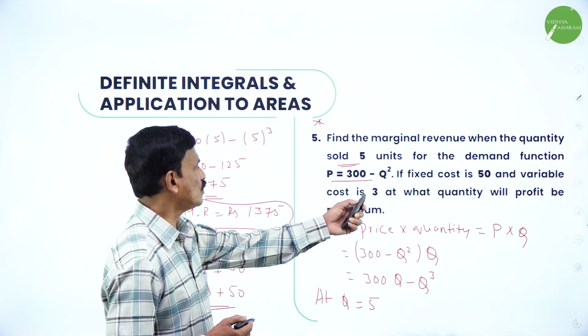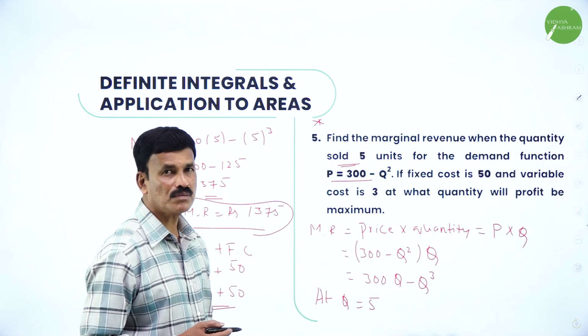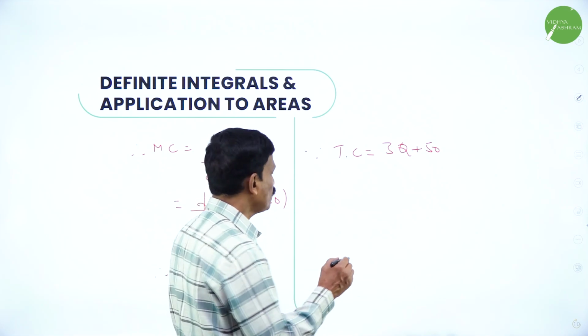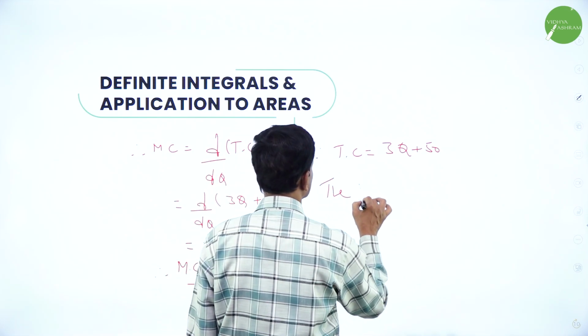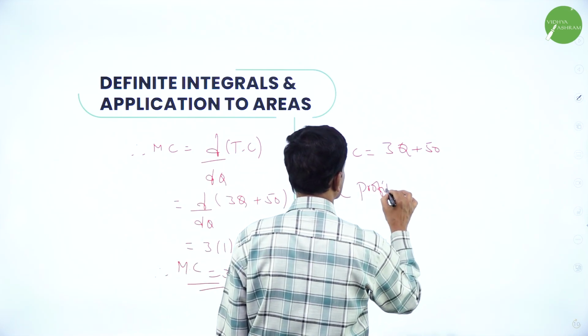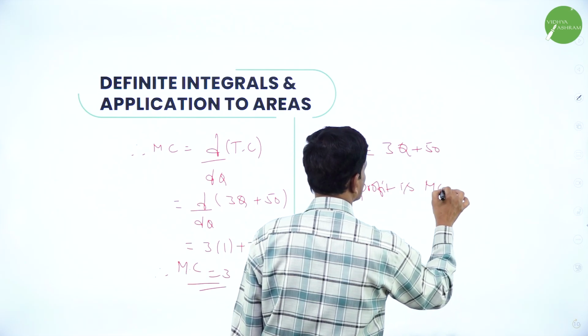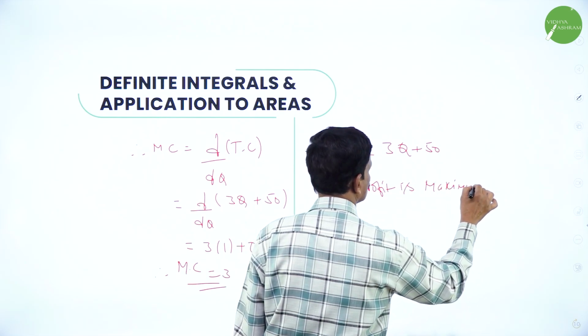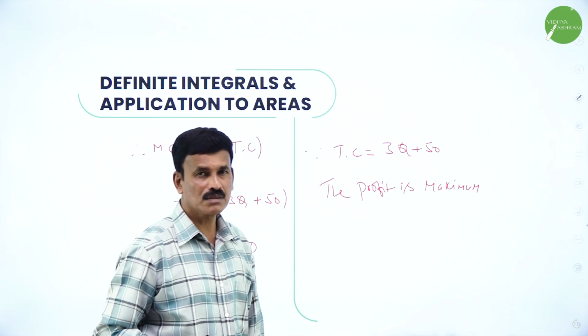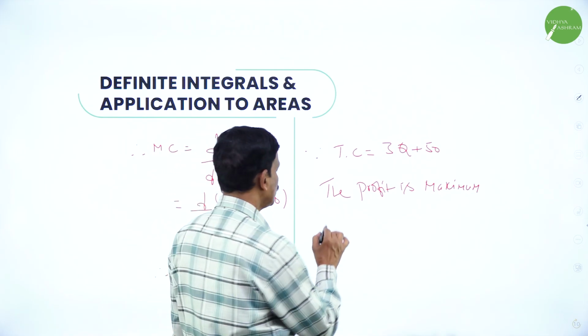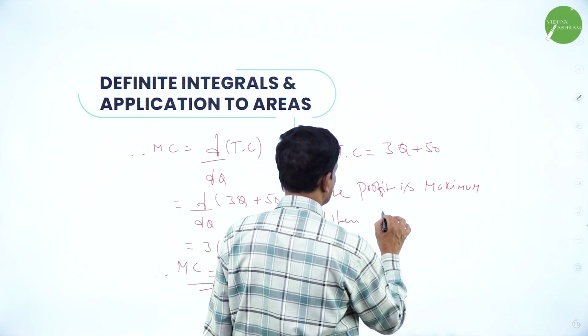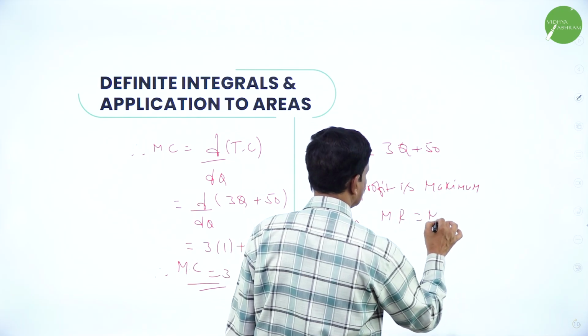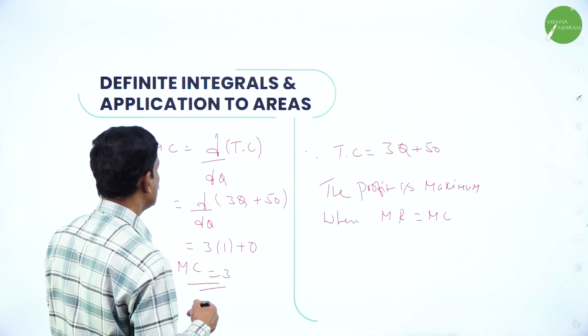Now, at what quantity will the profit be maximum? The profit is maximum when MR is equal to MC. So what is MR here?